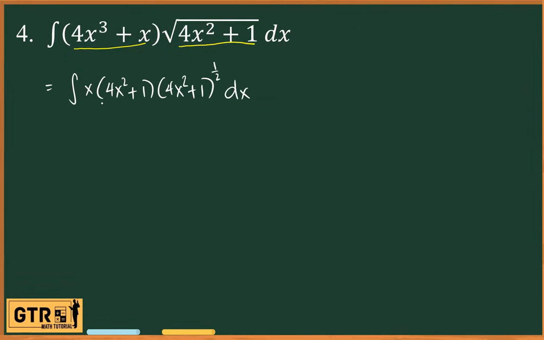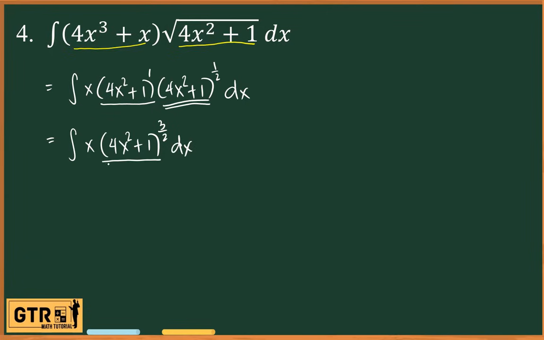The exponent of the first term 4x squared plus 1 is 1. By the law of exponents, we can combine them because we have the same base, 4x squared plus 1. Add the exponents, 1 plus 1/2, that is 3/2. So we have the integral of x times 4x squared plus 1 raised to 3/2 dx. Now we will let this be our u.